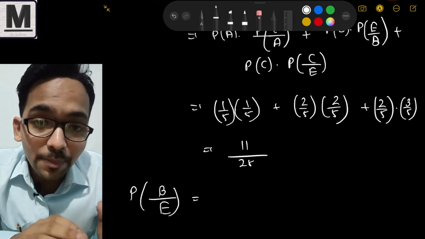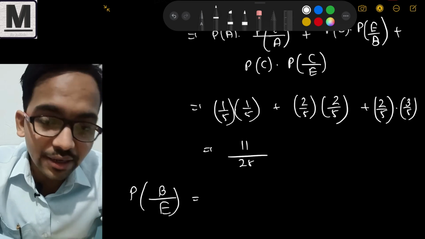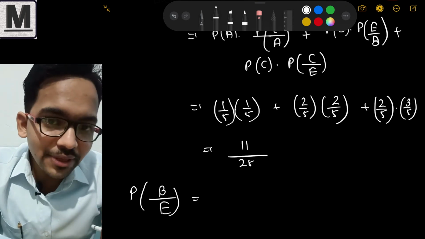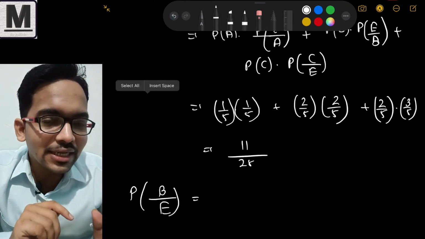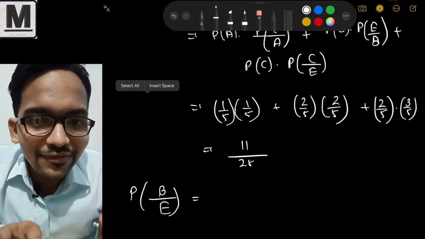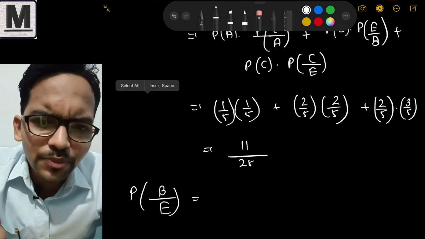Once you know that a particular event E has occurred, the Bayes theorem states that, since event E has already occurred, you tell me the probability that it occurred due to a particular event, say E_K, E1, E2, it can be anything.